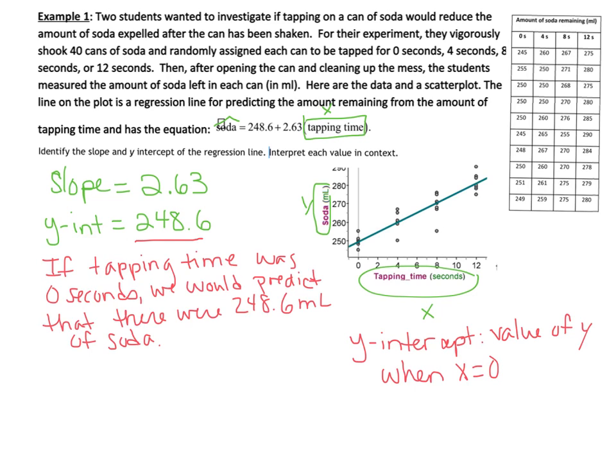So now let's talk about slope. Slope is a little bit harder. So slope, you might remember from previous classes as rise over run. And an easier way to think about it in this case is as change in y over change in x.